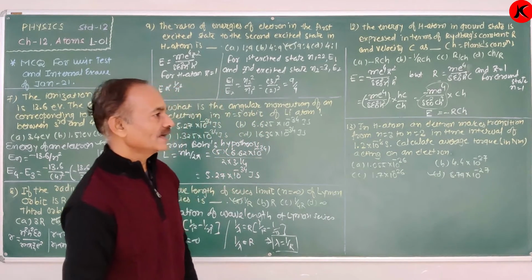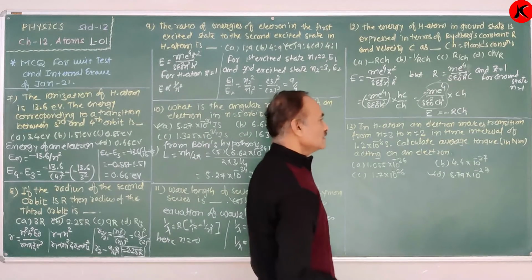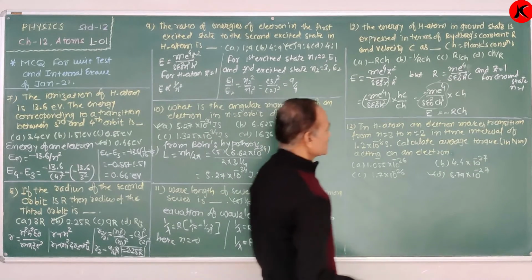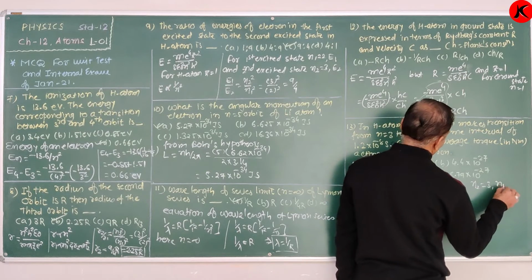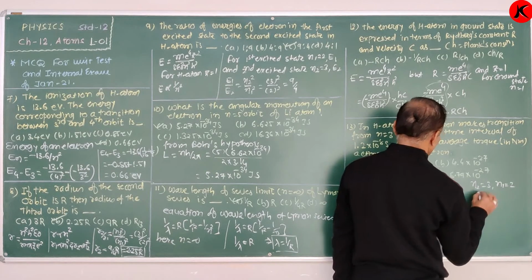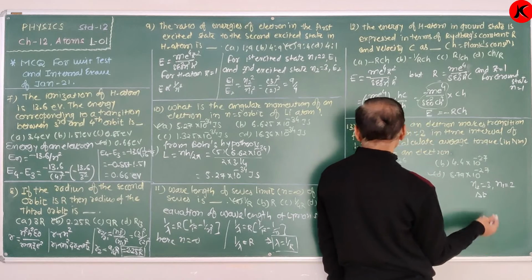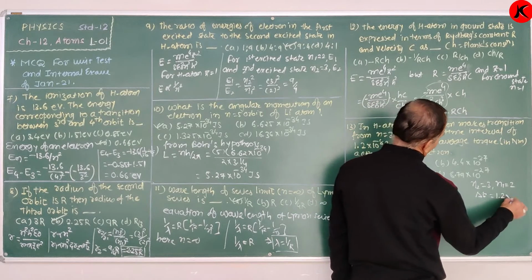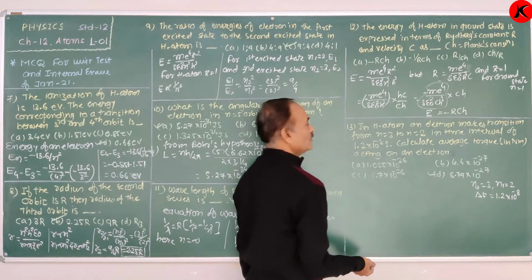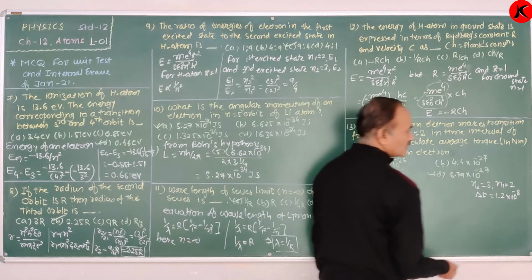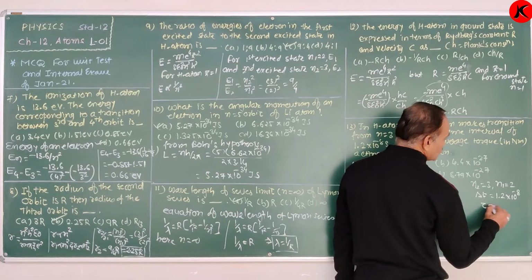So here n2 is equal to 3, n1 is equal to 2. Time interval is given, delta t is 1.2 into 10⁻⁸. We have to find out the value of the average torque, tau.